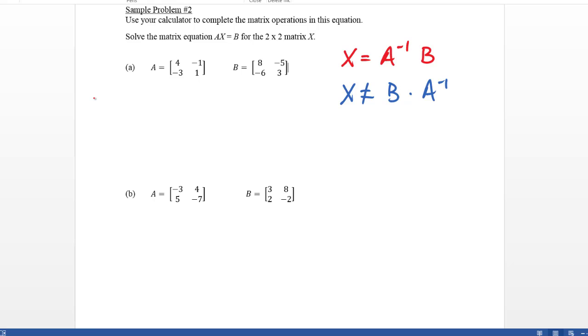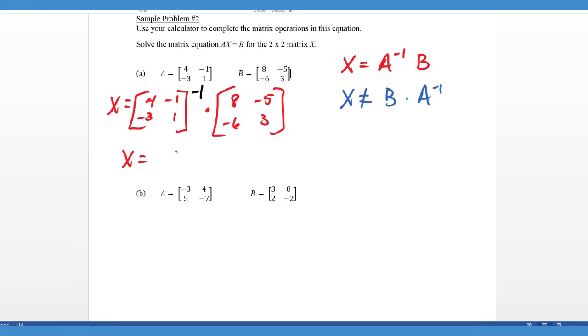So if I set this up, if I say X equals the inverse of A, I'm going to take that A and raise it to the -1 power to represent the inverse, and then I'm going to multiply that by the matrix B. So X equals the following matrix.